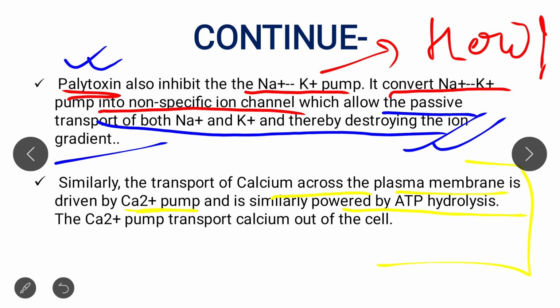So the sodium potassium pump and the calcium pump are examples of primary active transport, using the energy of ATP hydrolysis, which occurs through the alpha and beta subunits, whose roles I already discussed. This calcium pump transports calcium out of the cell.